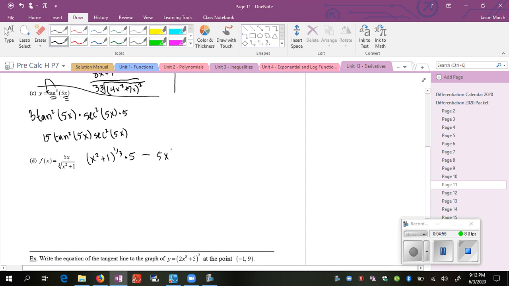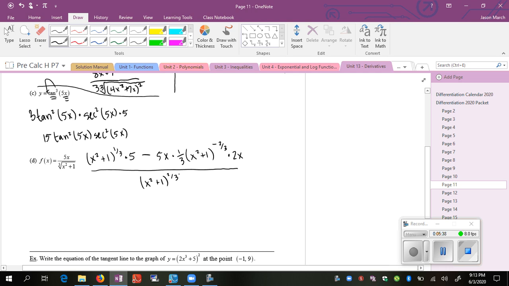D low is the derivative of the bottom, so we're taking now the derivative of the parentheses to the 1/3. So we swing the 1/3 in front and rewrite it as x squared plus 1 to the negative 2/3 times derivative of what's inside the parentheses, which is just going to be 2x, all over denominator squared. So I could rewrite that as x squared plus 1 to the 2/3.